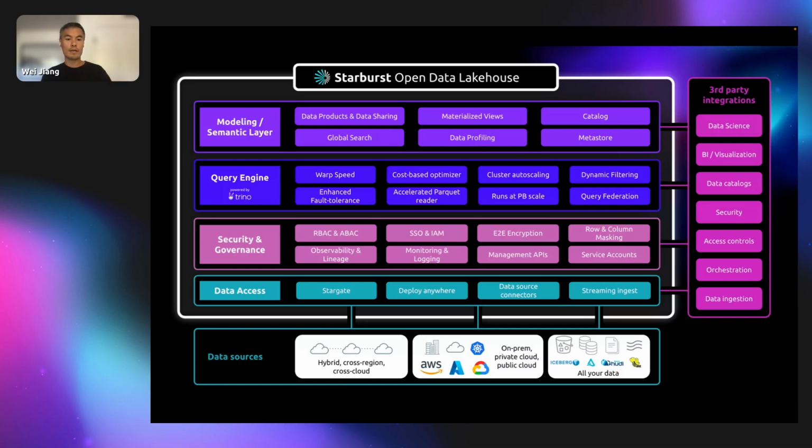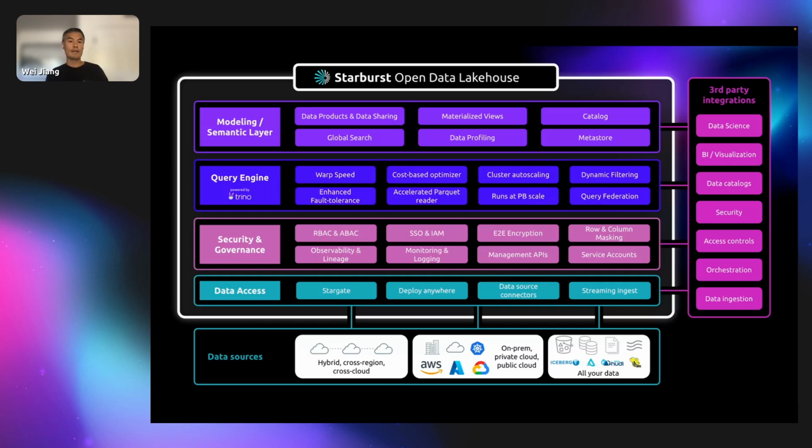For the query engine, again, warp speed, I'll call out here. And for security, we have end-to-end data encryption if you want it. SSO, we can integrate with LDAP. So everything that an enterprise needs to make sure they have the best security governance, we can offer that. In terms of data access, we have 50 plus enterprise-ready data source connectors.